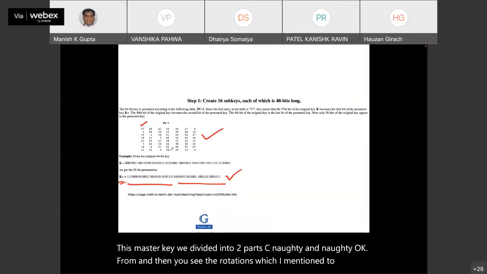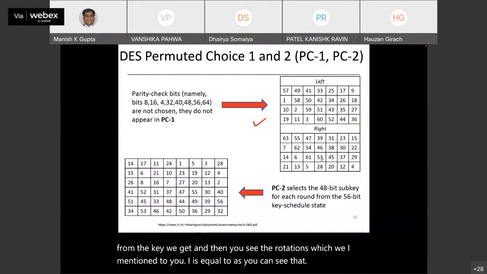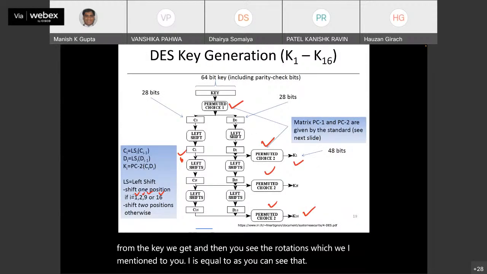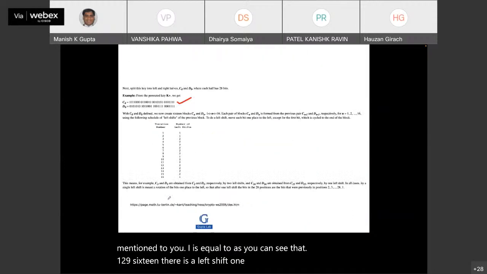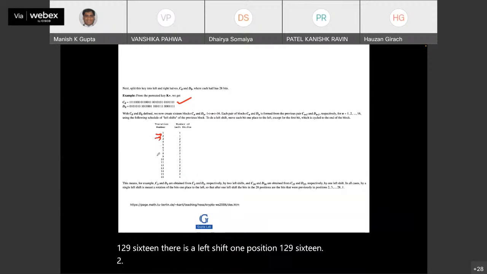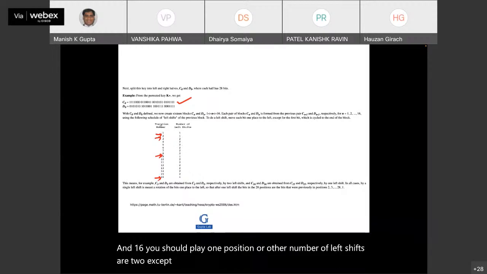For the iterations i equal to 1, 2, 9 and 16, there is a left shift by one position. For the others, the number of left shifts is 2.